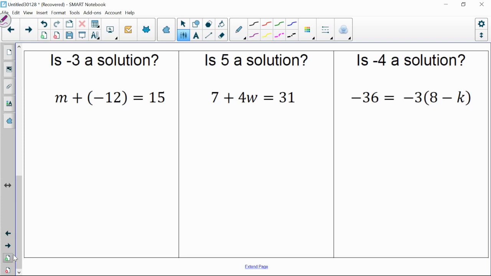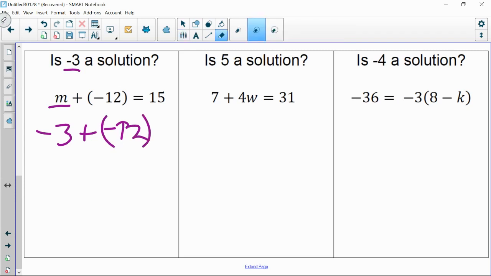What we need to do is just like with expressions, replace this m here with our -3. So I'm going to take my -3 plus -12. I'll erase my little boo-boo here. There we go. Now it looks like a 12. And is that going to equal 15?